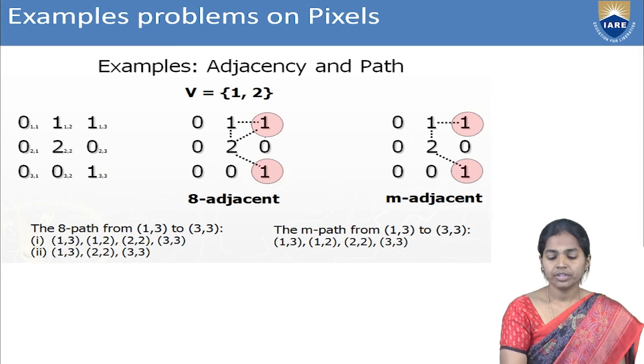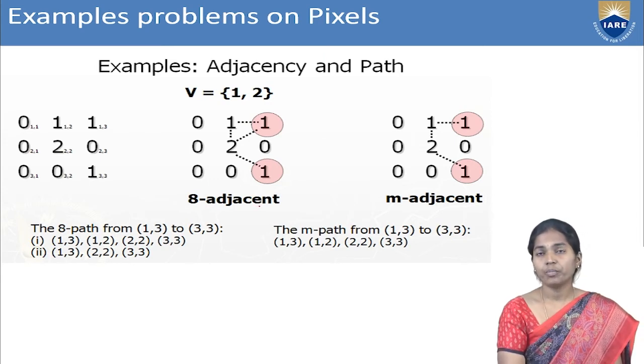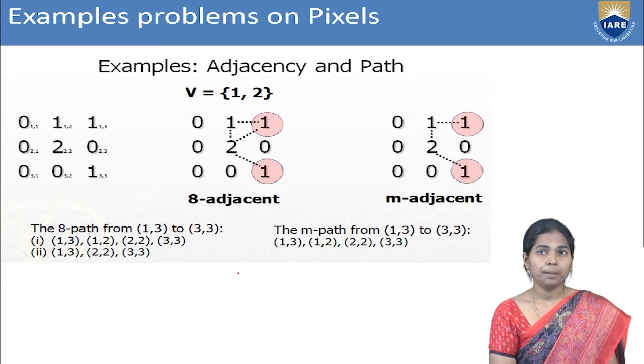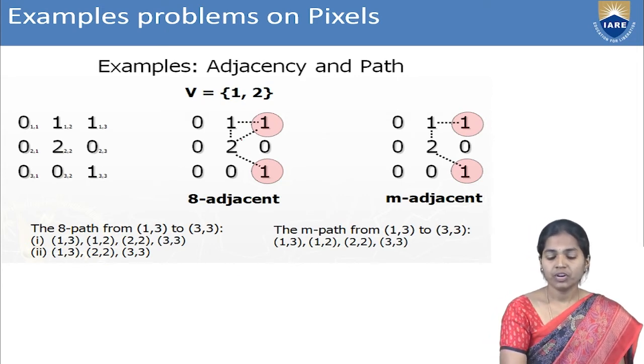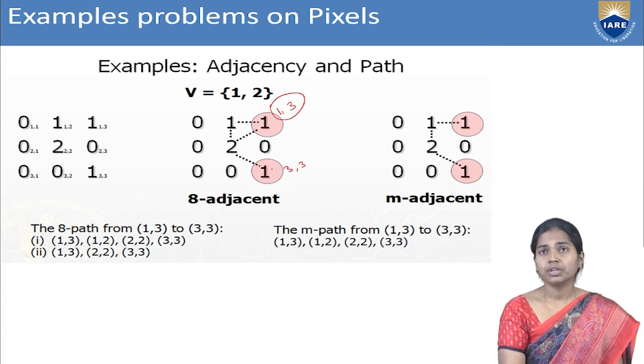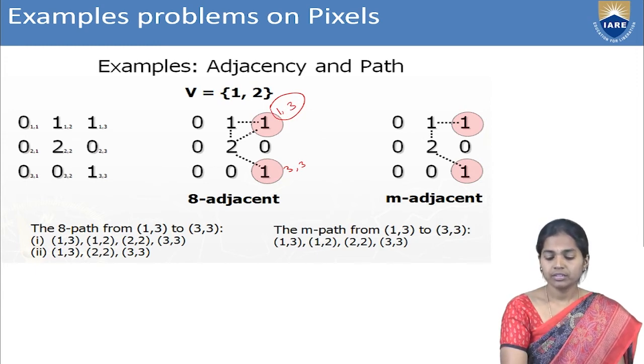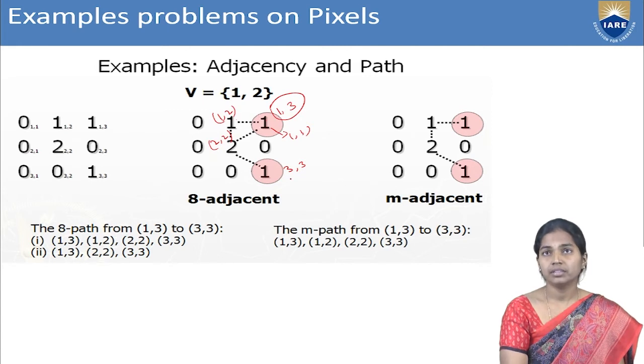When we go for 8 adjacency, how many paths are there? Total 2 paths. The starting point is 1 comma 3, and the end point is 3 comma 3.